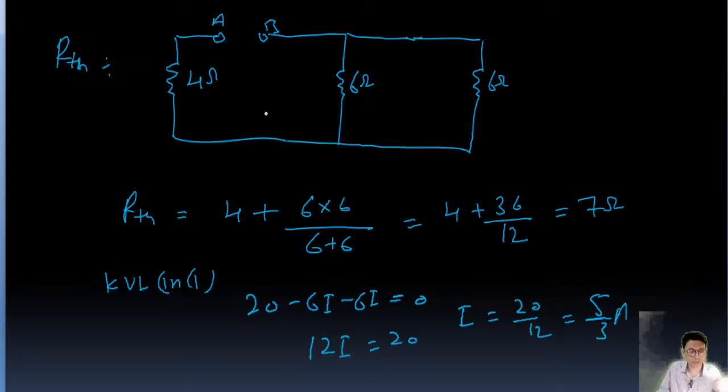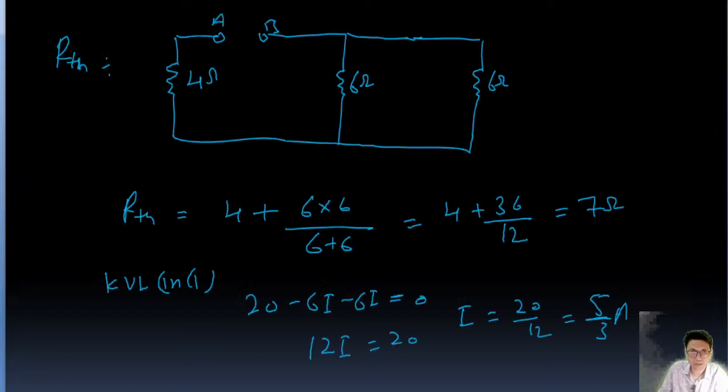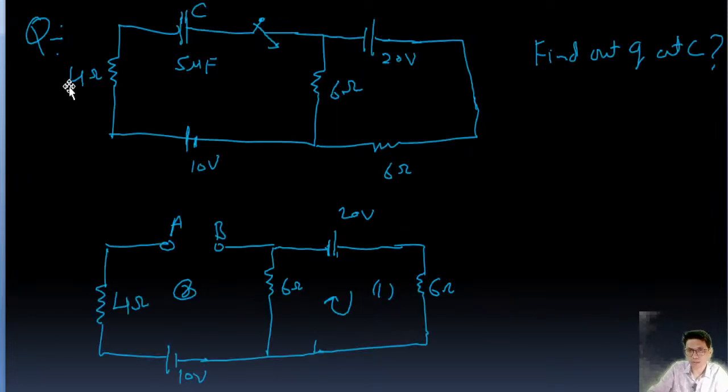Now because we have to find V Thevenin equal to VA minus VB, right? So now we'll find V. So in loop 2, we'll use KVL. So in loop 2, this is going to be VA minus 4 into 0, there is no current, right?